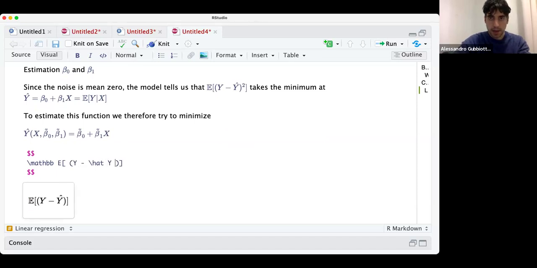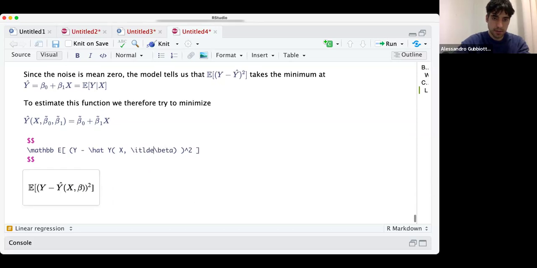So maybe let's take a 10 minute break, and then try to minimize this function. We will see that R does it automatically. This quantity depends on tilde beta 0, which is the intercept of the line, and tilde beta 1.